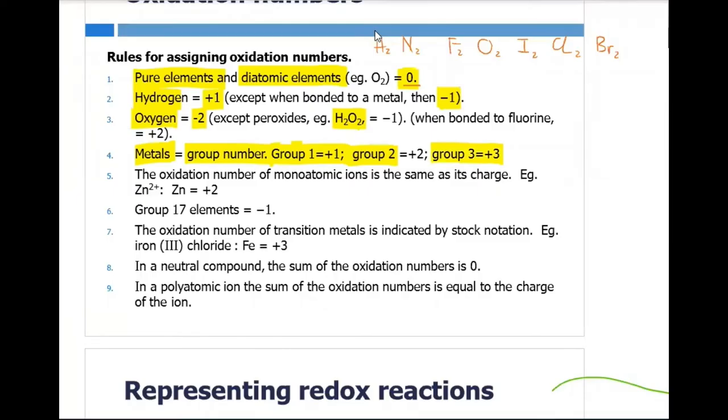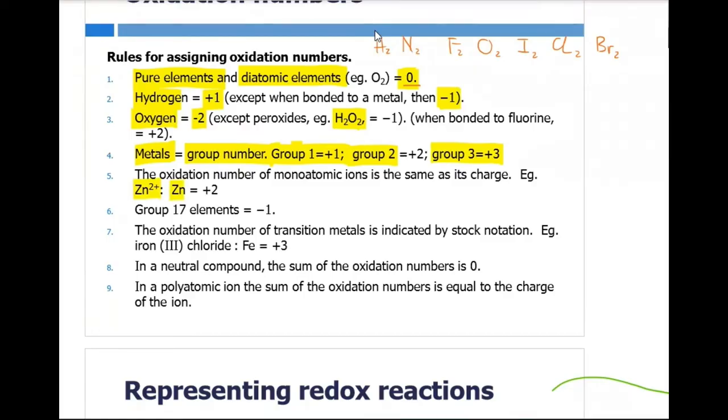You have copper, and copper could be +2, +3. The same for something like iron, cobalt. Many of them are quite versatile in nature. All right, the oxidation number of a monoatomic ion is the same as its charge. So zinc, zinc 2+. Right, that's also the number or amount of electrons that it will gain or lose depending on oxidation or reduction.